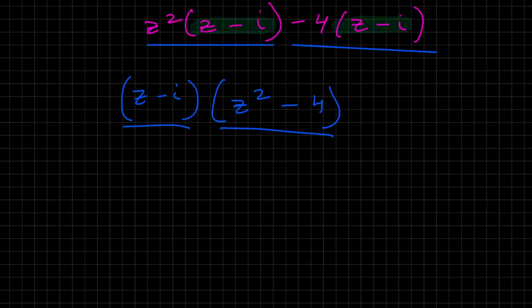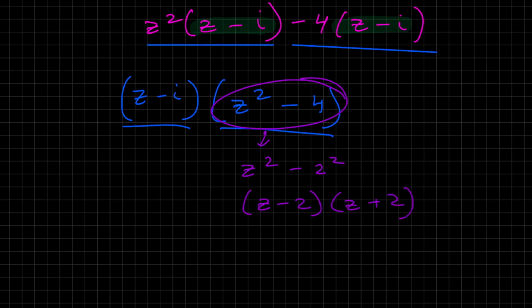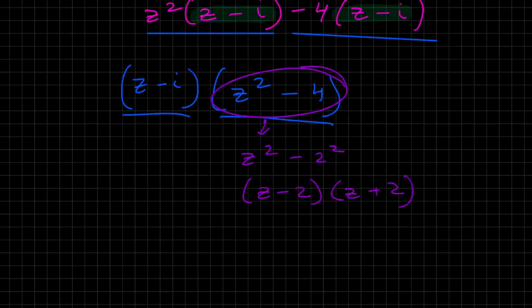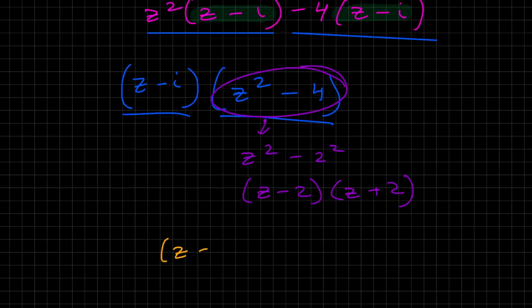Now what we have is our first factor over here and our quadratic factor over here. Now again, we can use the difference of two squares to factorize this quadratic further. So this can be rewritten as z squared minus 2 squared. And we know that we can factorize this into z minus 2 times z plus 2. So our factorized form of the above equation would be z minus i times z minus 2 times z plus 2.